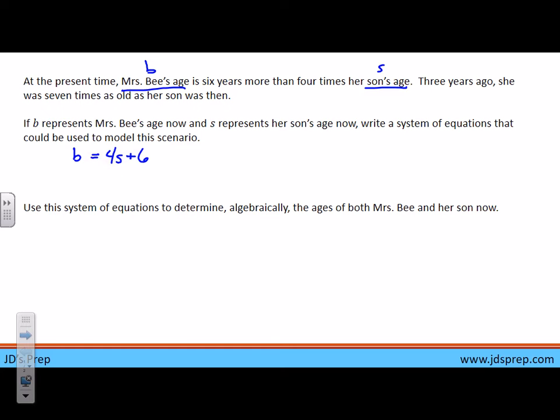In the second sentence, we're told that 3 years ago, in other words, 3 years less than either of the two current ages, she was 7 times as old as her son was then. So if Mrs. B's age right now is B years old, then 3 years ago, her age can be represented by B minus 3.